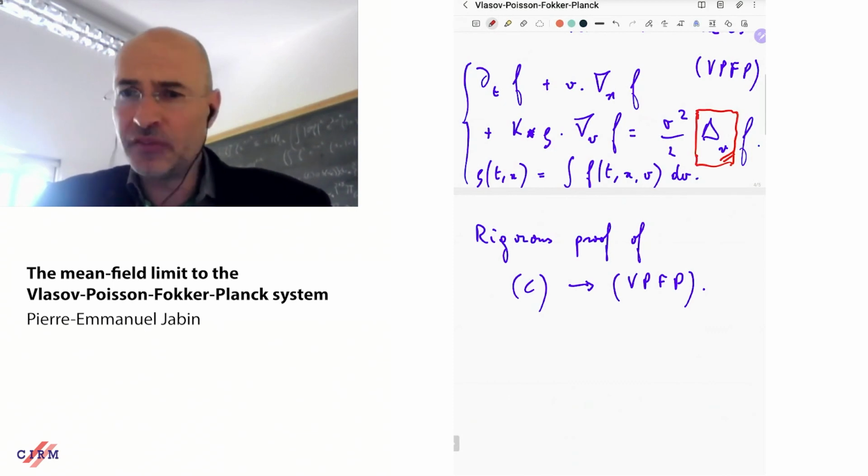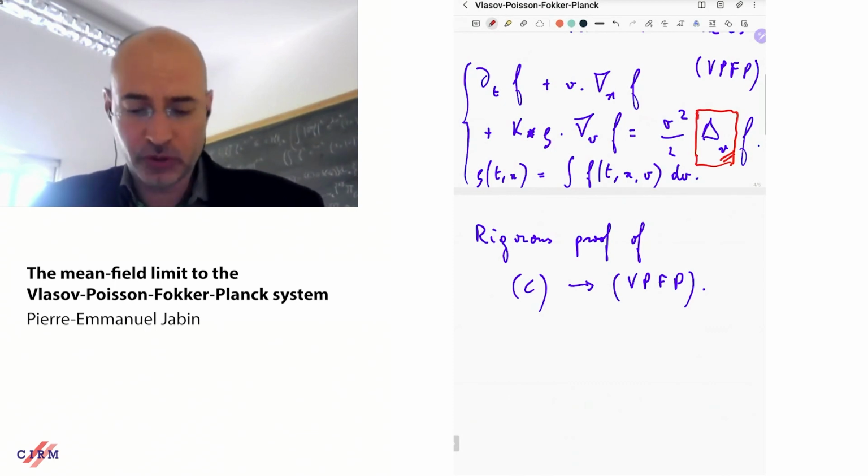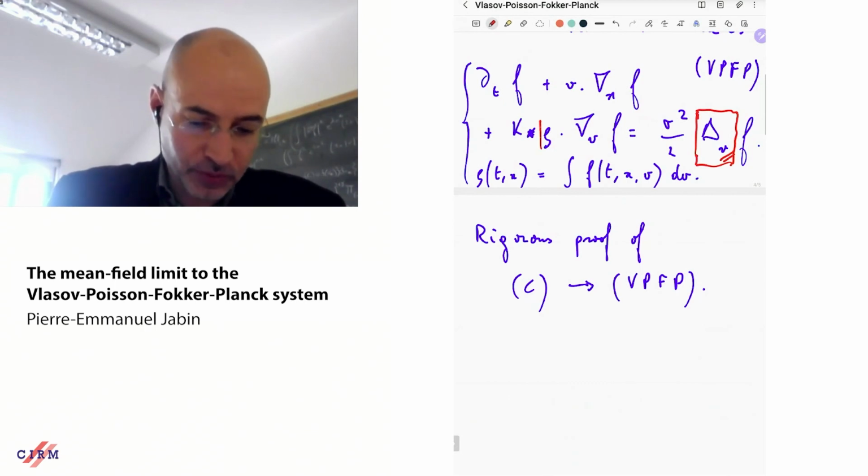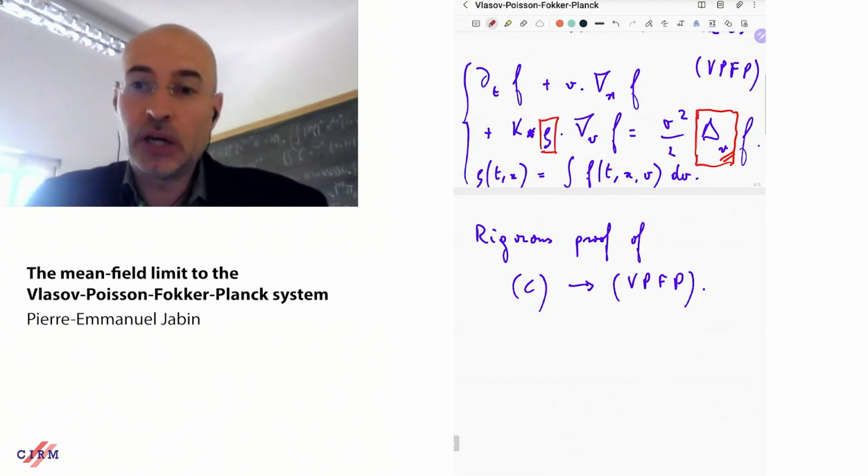If you want to add that, that doesn't make any difference for what I'm going to say. And the second thing, which will play a very significant role in our proof, is the fact that the convolution here with the interaction kernel involves not the full one-particle distribution, but only the projection of the one-particle distribution, so in space. And the fact that we have to integrate in the velocity variable is going to play a very big role.